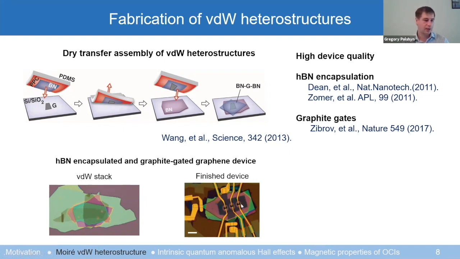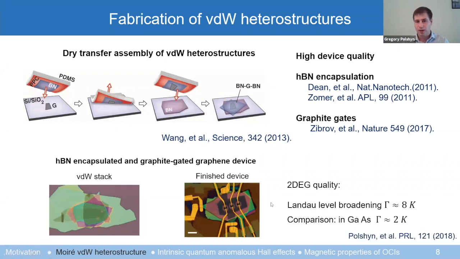We can get a quantitative idea about the quality of our devices from the measurements of the fractional quantum Hall effect. We can extract the so-called Landau level broadening, which for these devices is, for example, about 8 Kelvin. This is slightly larger, but still comparable to MBE-grown semiconducting structures, where it's about 2 Kelvin.